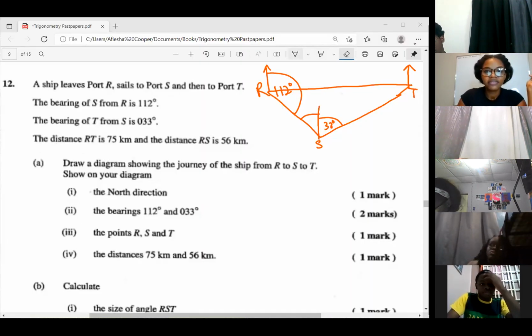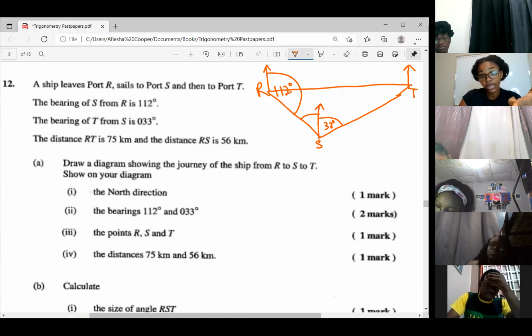Right, so it was important for us to put our north line there to see that these are co-interior angles, these two.